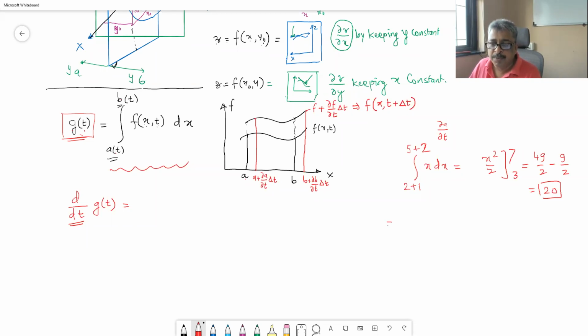Suppose I want to develop this, what is the geometry of it? The geometry is a straight line passing through the origin. You want to find the area between 3 and 7 under this straight line, and it is 20. Okay, clear? Now what we want is in terms of 2 plus 1 and 5 plus 2.